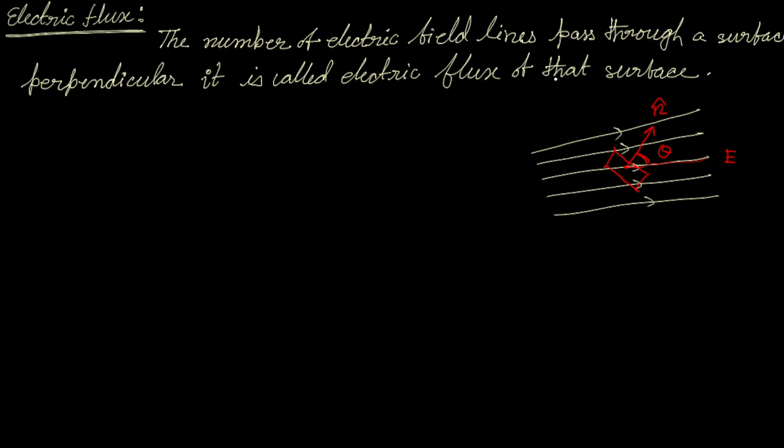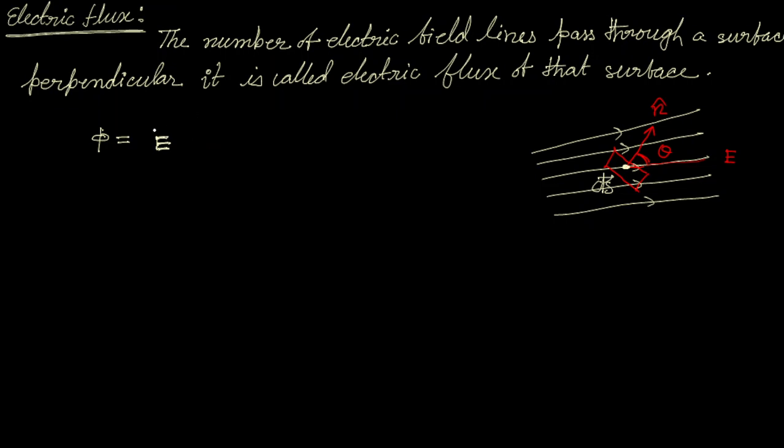And how do we define this flux mathematically? Let's say this is the electric field, and the elementary area on this surface is ds vector. Then we define the flux through this surface as follows. We have to see the number of electric field lines perpendicular to the surface, so we take the component of the electric field parallel to the area.